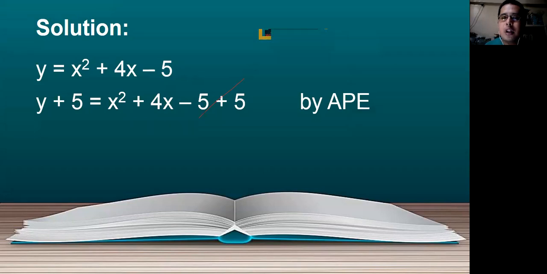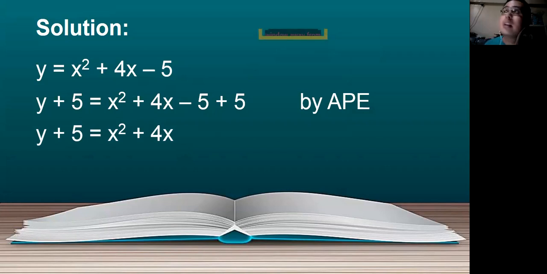And your equation will look like this: y plus 5 equals x squared plus 4x.